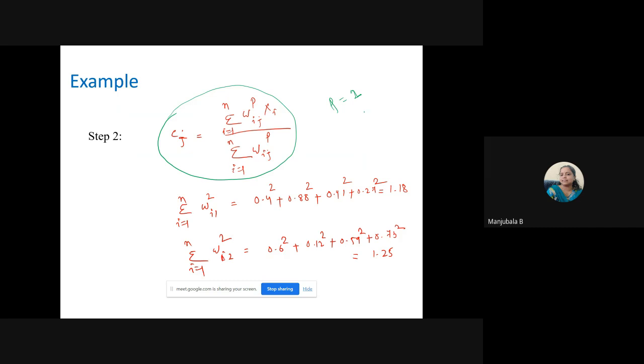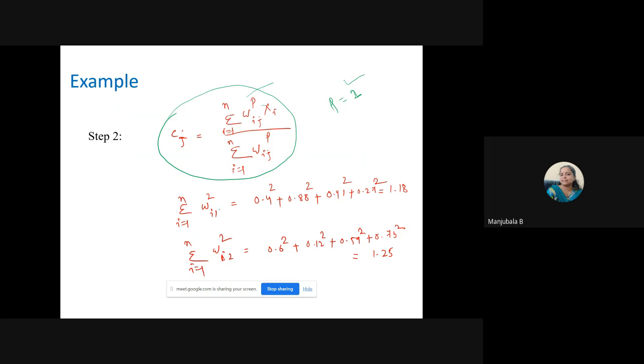You can go for higher values of p and see how it impacts the cluster formation for your particular data set. So xi divided by the summation of i equals 1 to n of wij to the power p. If you consider p equals 0, it will become k means clustering. Now p value is 2.